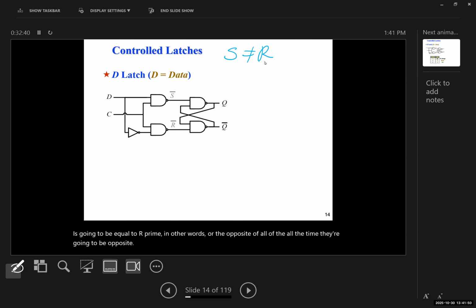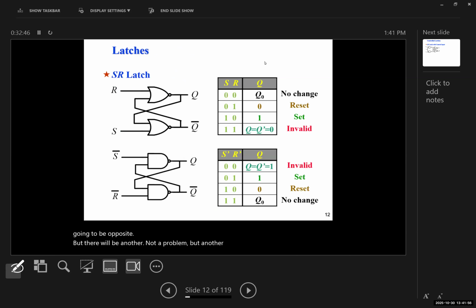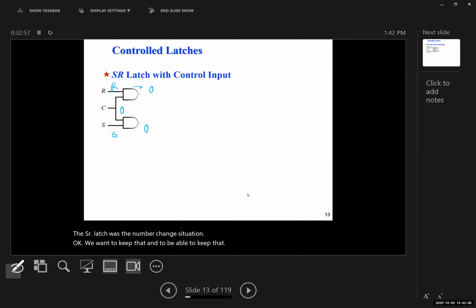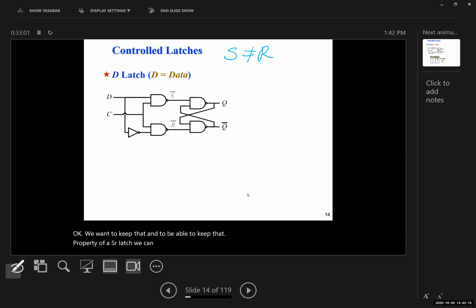But there is another benefit of the SR latch, which was the no change situation. We want to keep that property of an SR latch, so we can use the control gate and keep that control latch, but just connect the S and R to each other with the NOT gate.